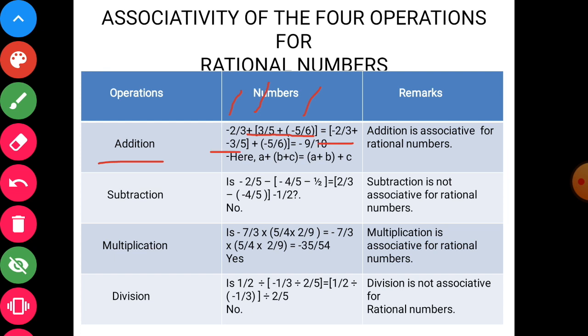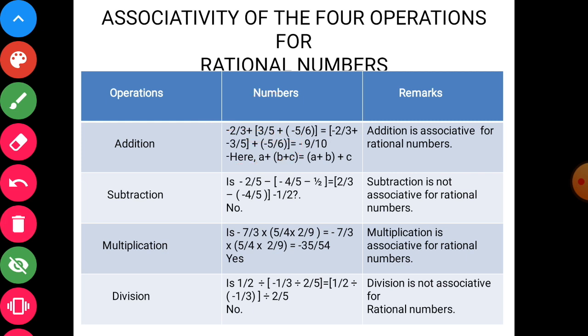For this I have put square brackets, and one rational number is outside that bracket. And if we add, first we have to add these two, then we have to add this minus 2 by 3 to the sum of these two, right? And in both cases, for RHS also, for LHS also, we get 9 by 10 only.